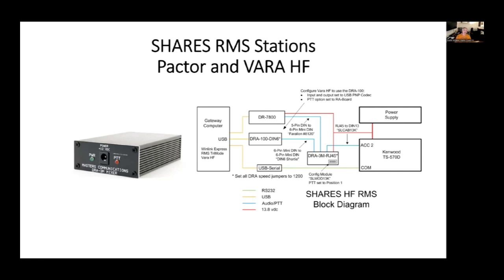And in this instance, the Dragon modem is connected to the computer. A DRA is connected to the computer. It says DRA 100, but it doesn't have to be that. It could be a DRA 36. It could be just about any DRA. And all of those things get connected to the mixer, and the mixer is then connected to the radio.